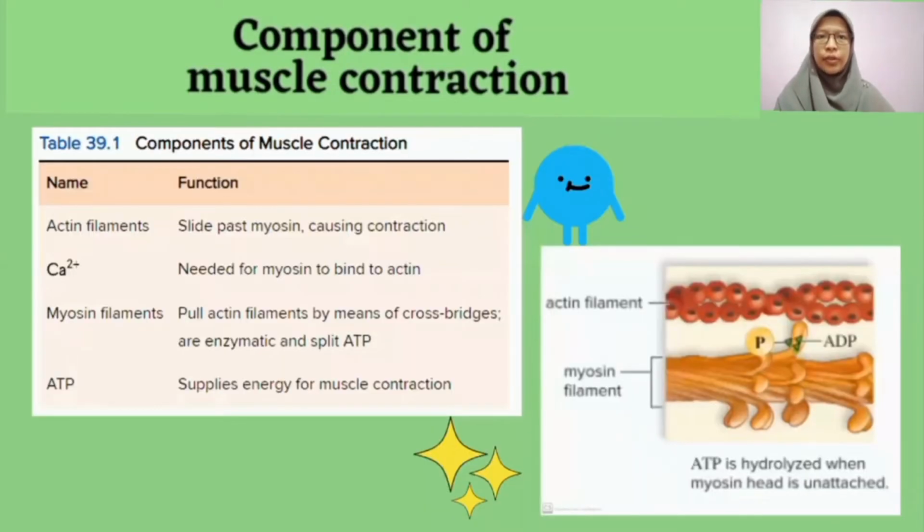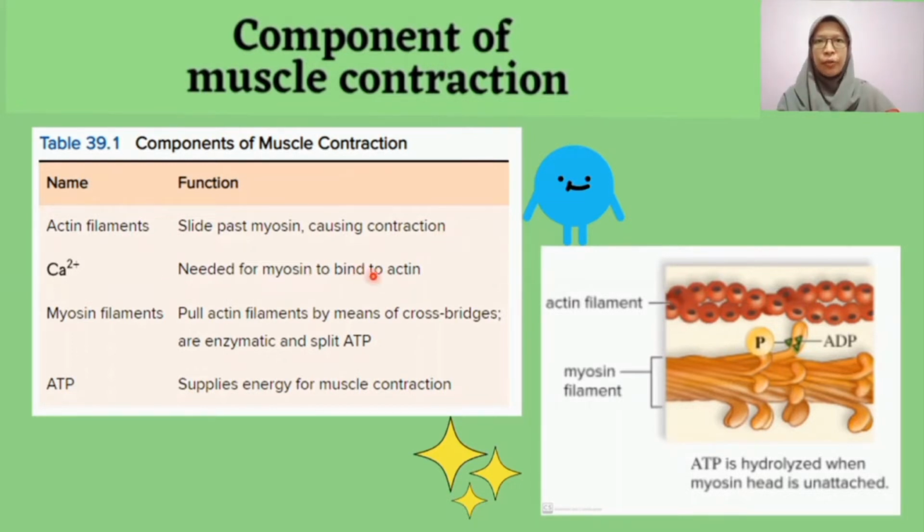Next, let's take a look at the components of muscle contraction. Here we have 4 components, which are actin filament, calcium Ca2+, myosin filaments, and ATP. So, it is good for us to find out the function of each component. Actin filaments will slide past myosin, causing contraction.